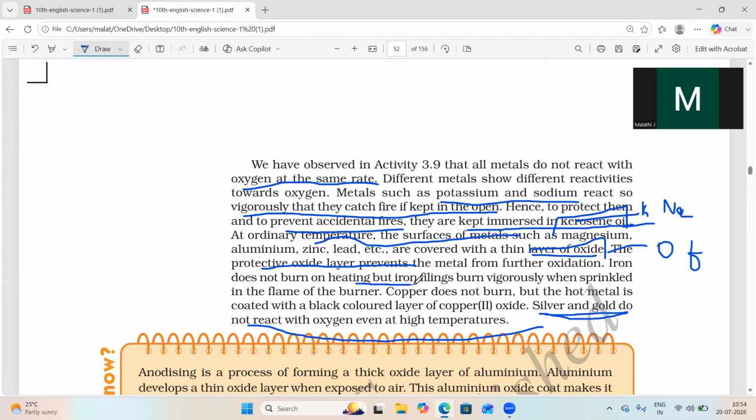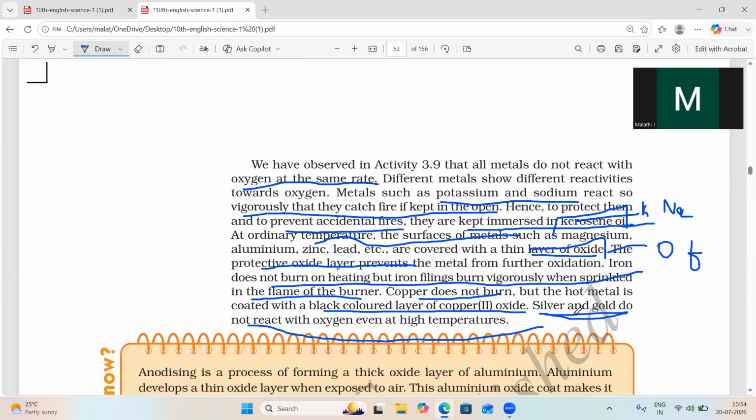Iron filings burn vigorously when sprinkled into the flame. Iron does not burn on heating, but iron filings can react. Copper does not burn, but the hot metal is coated with a black layer of copper oxide.